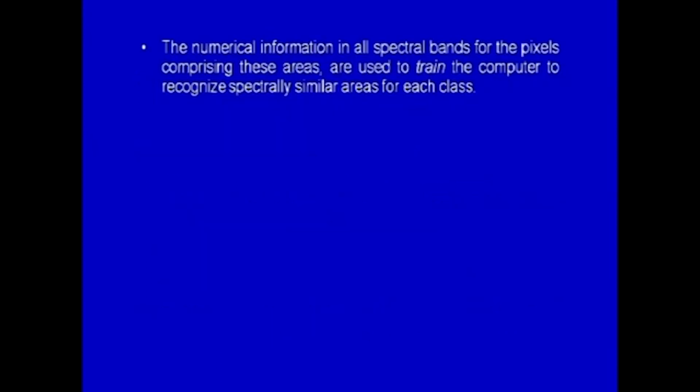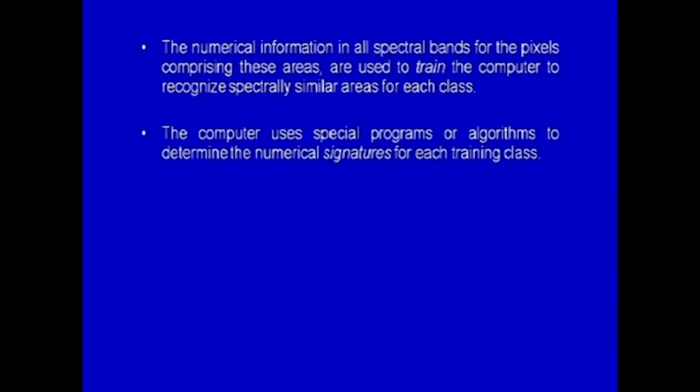The numerical information in all spectral bands of the pixels comprising these areas are used to train the computer to recognize spectrally similar areas for each class. The computer uses special programs or algorithms to determine the numerical signatures for each training class.